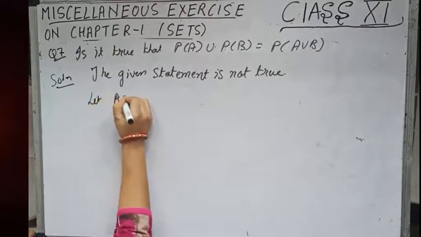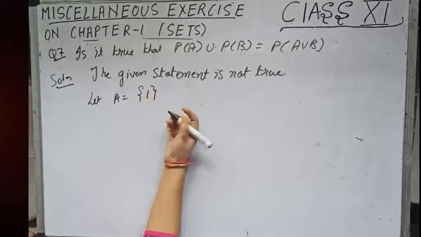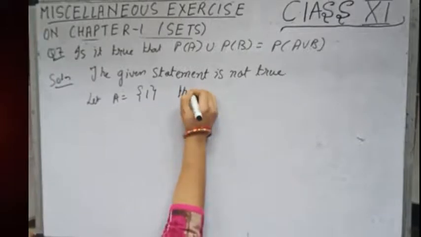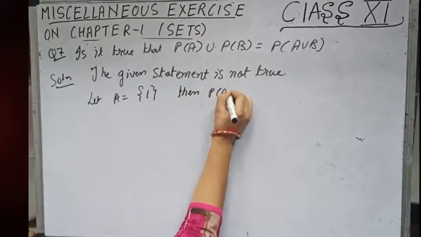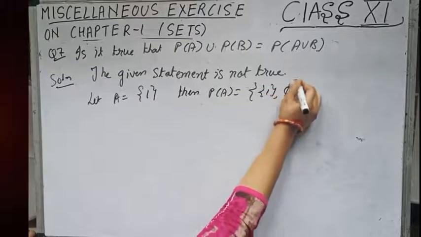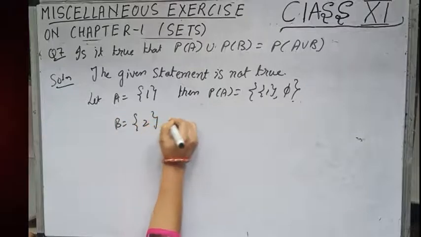Let A equal the set containing only 1. I am supposing this; you can take 1, 2, whatever. Then power set of A equals the set containing {1} and the empty set. B equals the set containing 2.